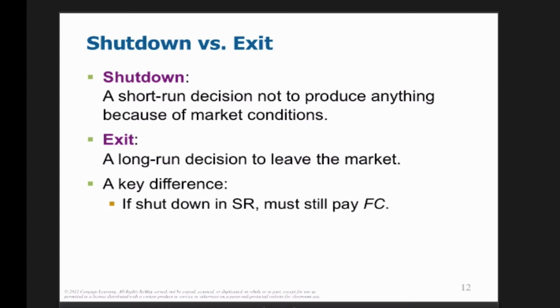So those fixed costs stay with you when you're in a shutdown. But if he just exits the market, he can sell those pieces of, what do we call that equipment? Capital. Those pieces of capital, and he can eliminate the rent by breaking his lease and eliminate the fixed costs.